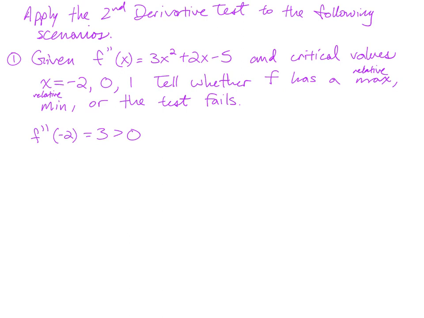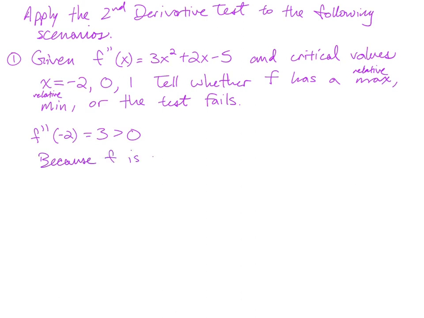So when we have a critical value of -2, and it lies in a concave up interval, that means we can write a sentence here.